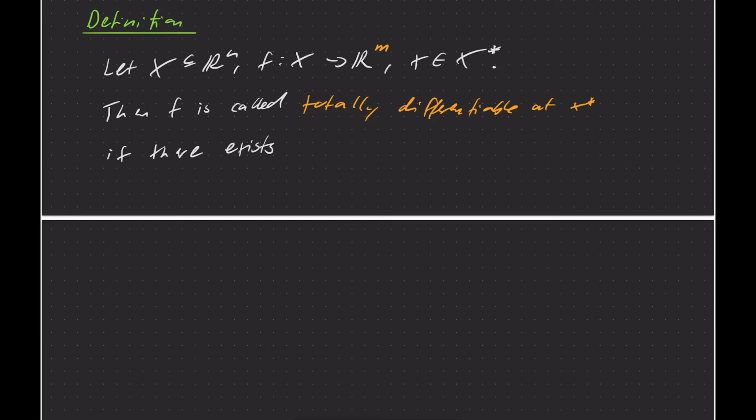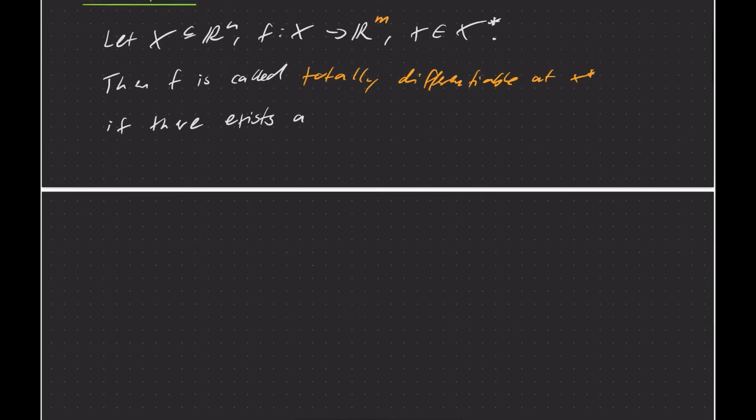if there exists, and as I said, formally we used a vector. Now we are going to use a matrix in place of that to get our linear mapping. So if there exists a matrix, we call that matrix JF. That's going to be a matrix with m rows and n columns.